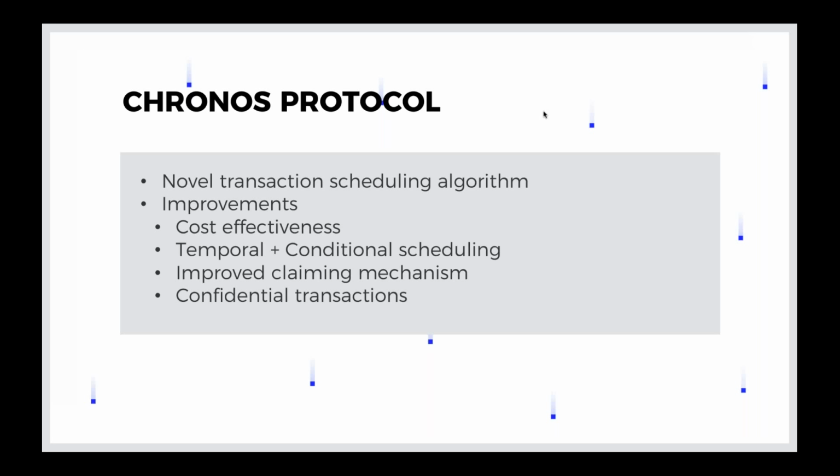Some of the improvements that we have added compared to the existing Ethereum Alarm Clock protocol are, first off, cost effectiveness. Using a couple of methods, namely IPFS, we have been able to lower the costs of scheduling transactions, which has been some feedback that we got, that some of these scheduled transactions can be quite costly.